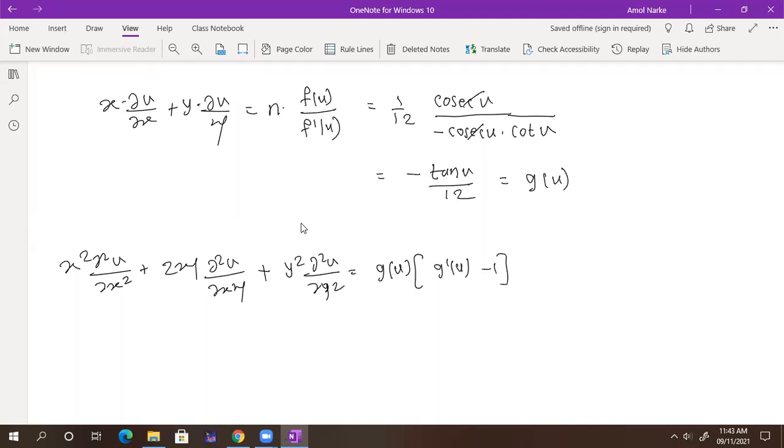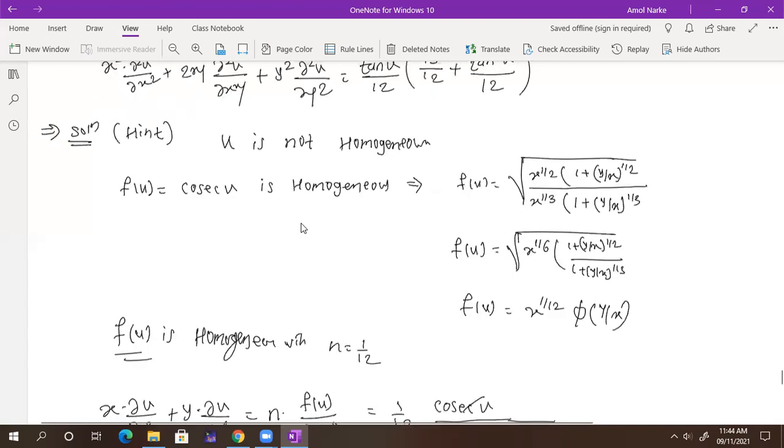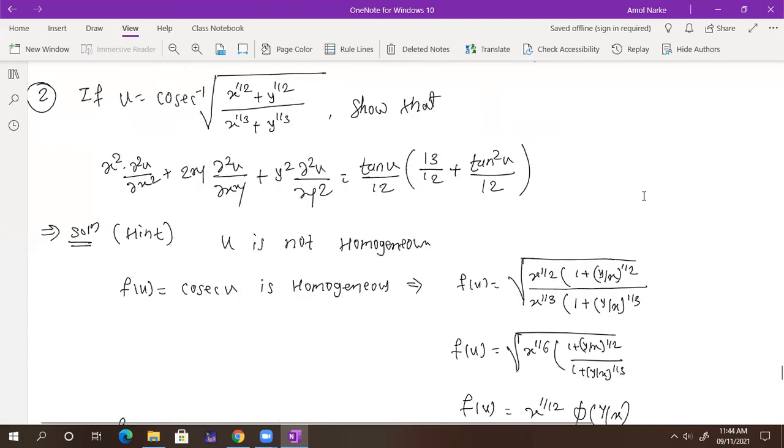What is g of u? Minus tan u divided by 12. What is the derivative of this? What is the derivative of tan u? Sec square. Minus is there. So it is minus sec square u divided by 12 minus 1. Now you solve this equation by substituting the value of sec square in terms of tan and check whether you are getting this term or not. That is what the homework does.